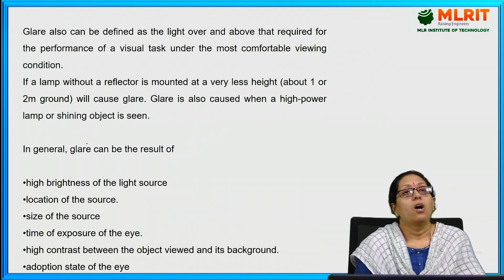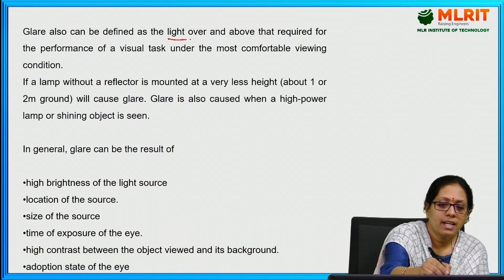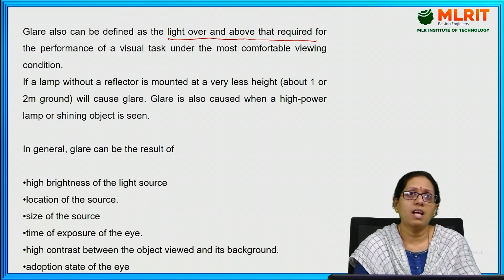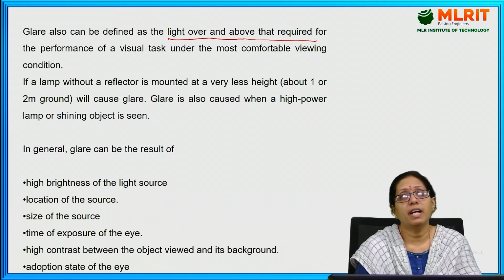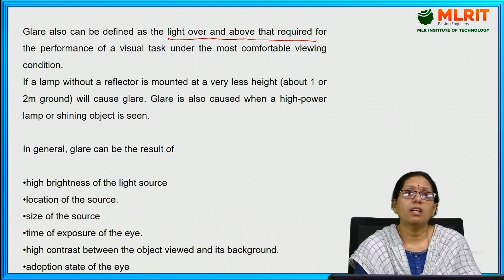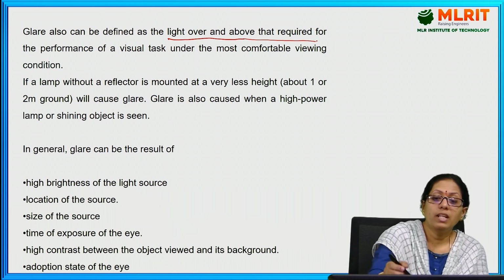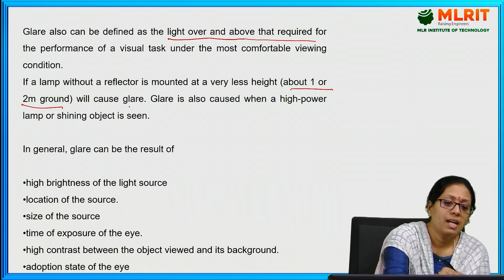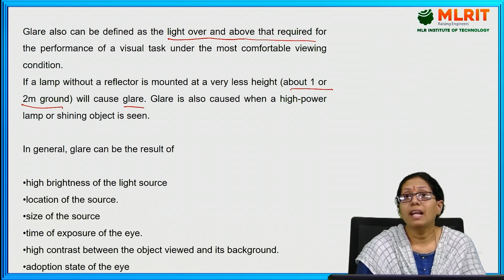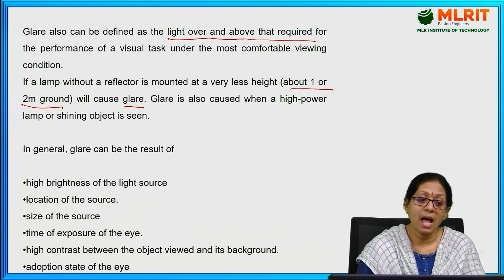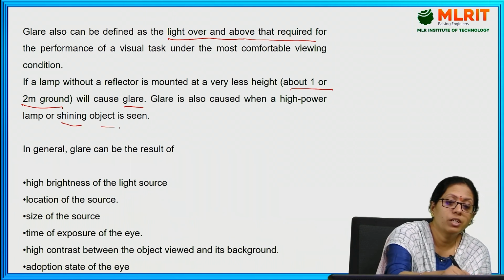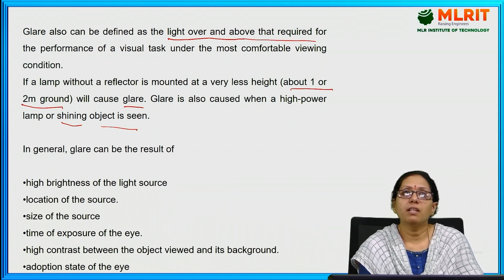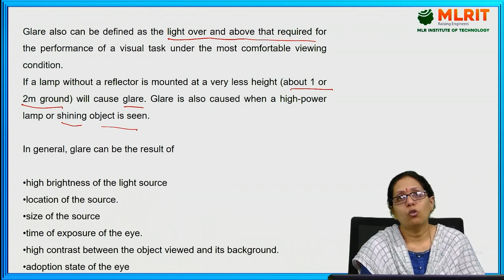Glare also can be defined as light over and above that required for the performance of a visual task under the most comfortable viewing condition. If a lamp without a reflector is mounted at a very low height, about 1 to 2 meters above the ground, it will cause glare. Glare is also caused when a high power lamp or shining object is seen. Whenever light falls on a shining object like a mirror, there will be more glare.